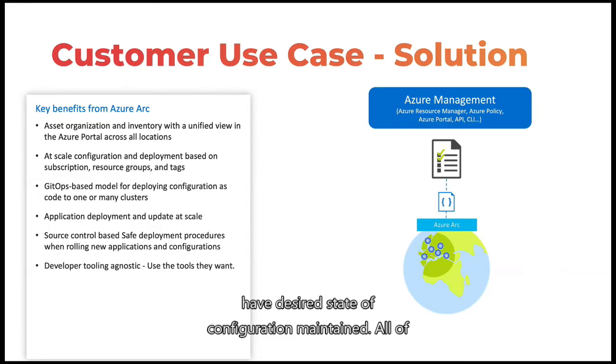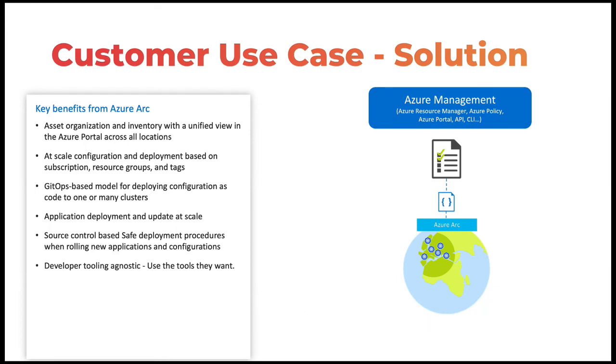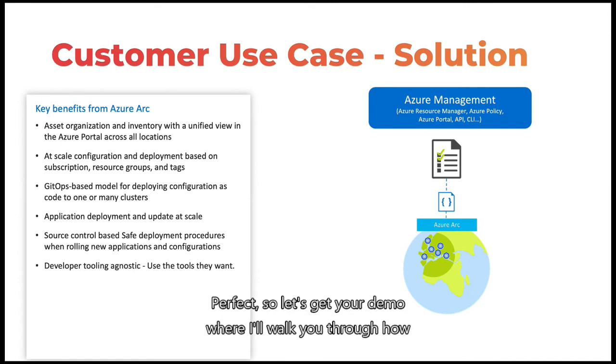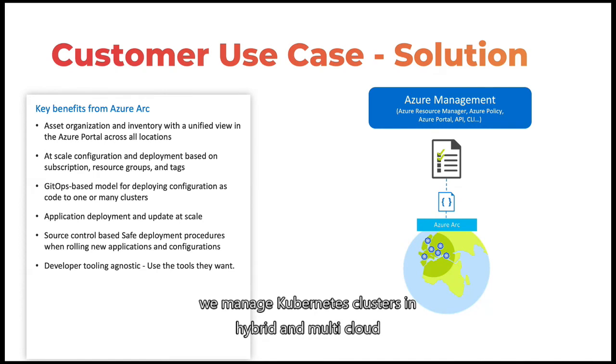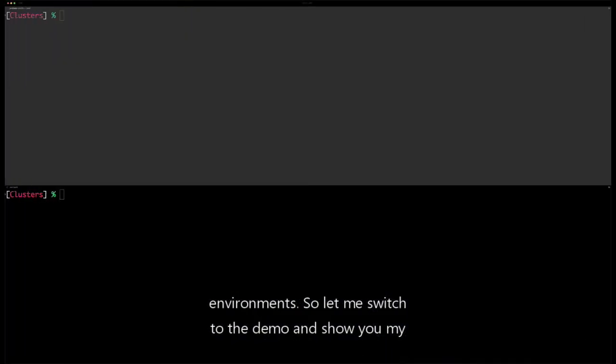Now, all of those can be achieved by registering a Kubernetes cluster with Azure Arc. Perfect. So let's get to a demo where I'll walk you through how we manage Kubernetes clusters in hybrid and multi-cloud environments. So let me switch to the demo and show you my current environment.